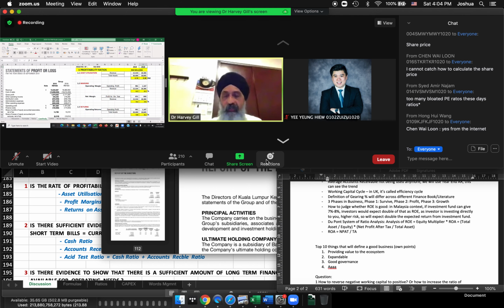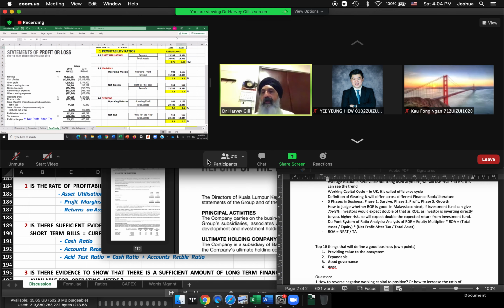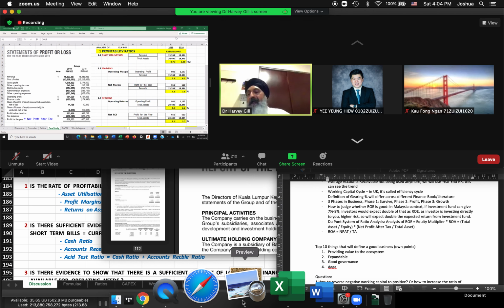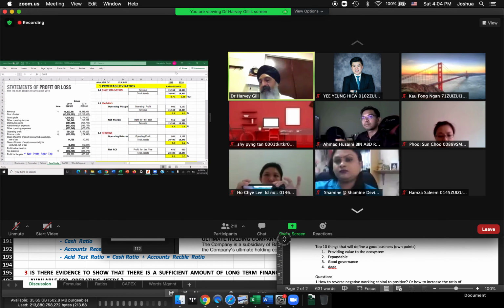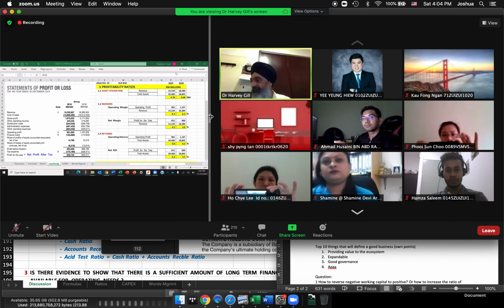If you are using a laptop, please use print screen. Otherwise, please use your mobile phone to take a picture first. I'm definitely going to send it to Mr. Mohan and they will try to put it up on your portal, but please take a picture so that you already have the records. Please take a picture of the screen, then go through this.